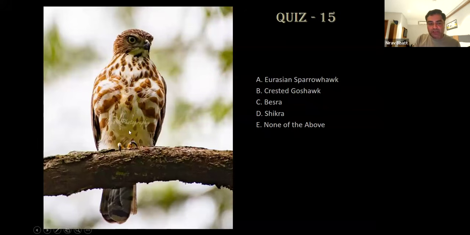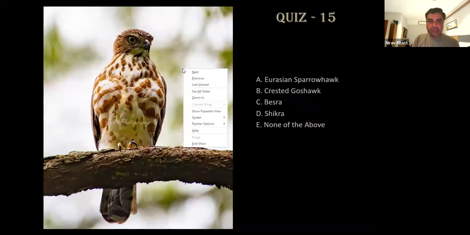This is one of the main ID pointers for a Crested Goshawk, and the beak also is very prominent. It is difficult to judge this in comparison to Shikra because often Shikra shows similar things. So you need more experience and you need to see more birds to identify these small things. But the underpart markings are the prominent ID pointers here. So this bird is a Crested Goshawk juvenile.